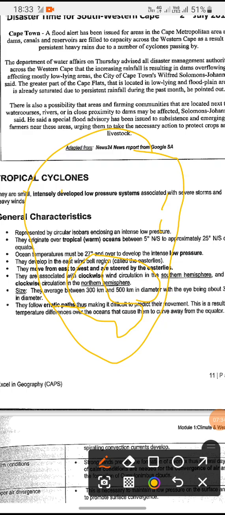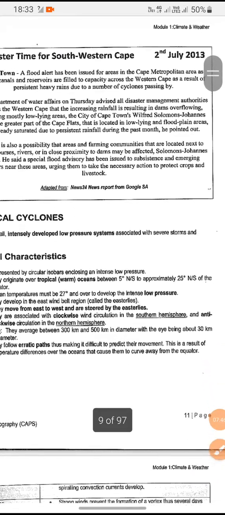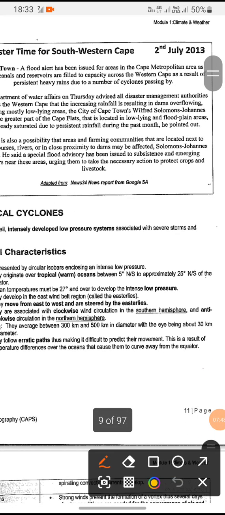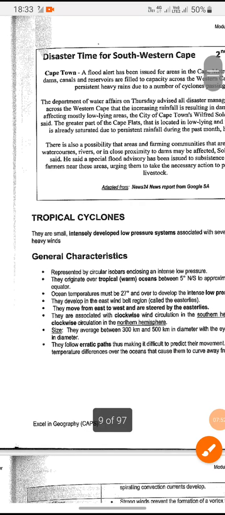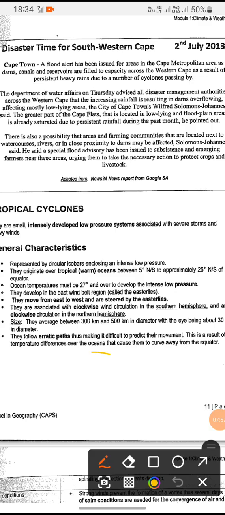They follow this path until they reach South Africa in the southern hemisphere, which makes it difficult to predict their movement. This is as a result of temperature difference over the oceans, which then curves them away from the equator.